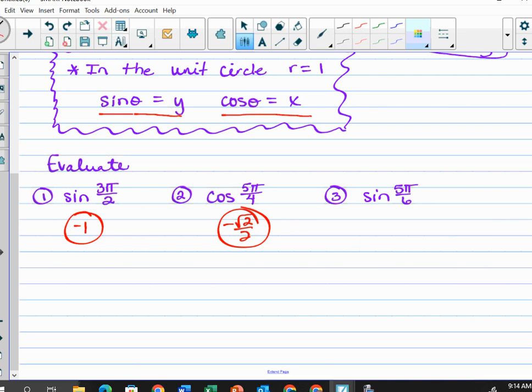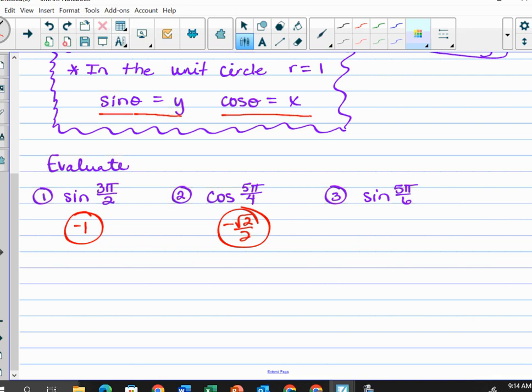It's kind of a combo of you just get comfortable. You know where the over 6s are, you know where the over 4s are, where the over 3s are, so you start to visualize it better. All of the blue ones were the over 4s: pi over 4, 3 pi over 4, 5 pi over 4, 7 pi over 4.